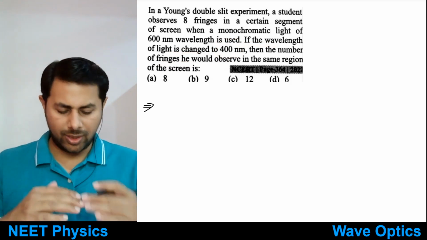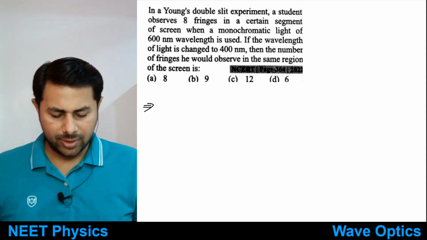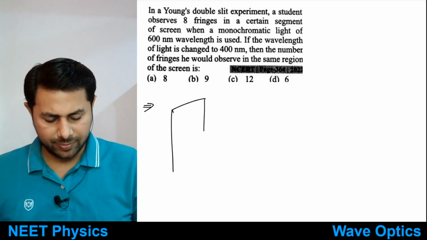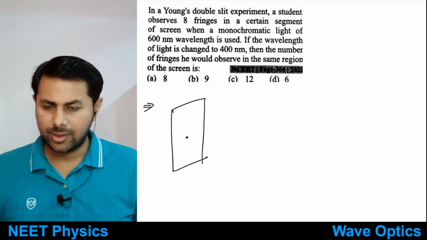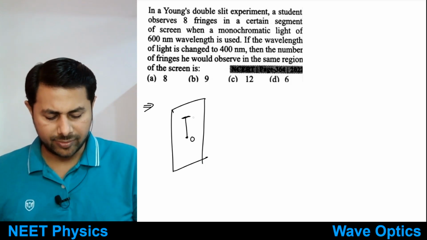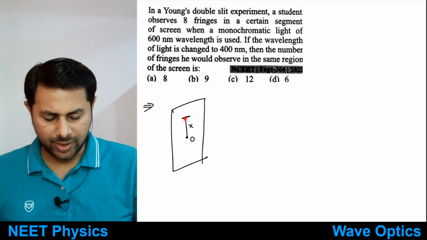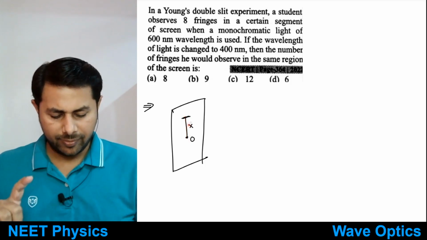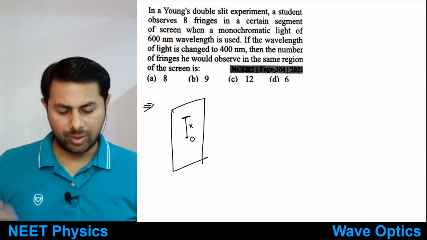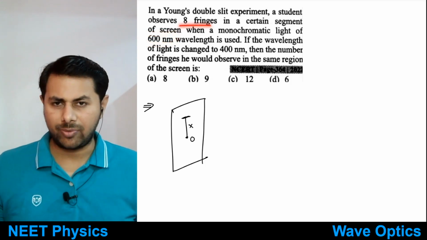Okay, so you have a screen. Suppose this is the midpoint of the screen, and this is some region of the screen. The distance of this point from the center is, suppose, x, where for the first kind of light, that is 600 nanometer wavelength, 8 fringes are formed.